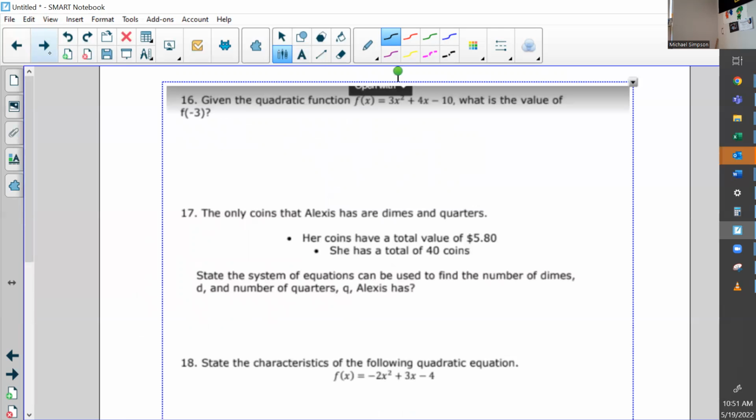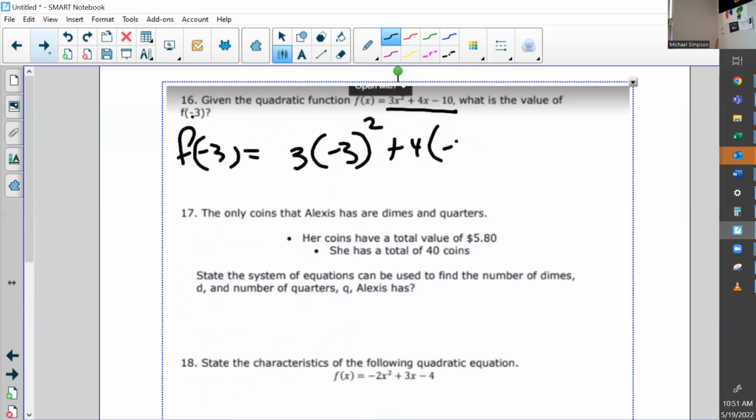16. Okay, again, this is very simple. You can do it two ways. You could graph this in the calculator, press Control T, and find when x is -3, what the y value is. Or just replace x with -3. So f of -3 is equal to 3 times -3 squared plus 4 times -3 minus 10.